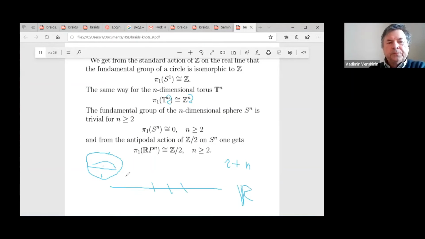So the fundamental group of the sphere is 0, and with the action of Z2, the fundamental group of the projective plane is Z2.